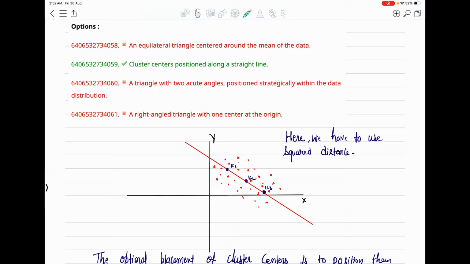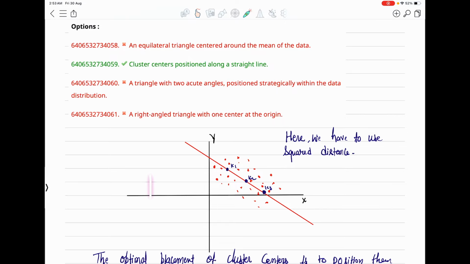So let's look at the arrangement. Let's say these red points are our data points, and this line is just a linear separator. And we know that the data here is negatively correlated, that is, if feature 1 increases, then feature 2 will decrease.